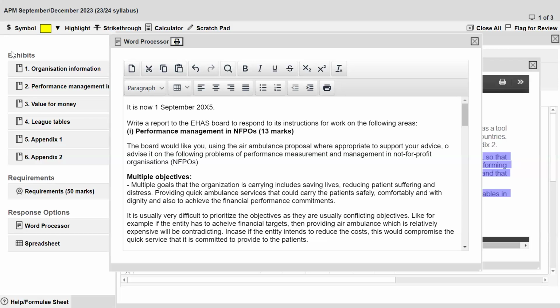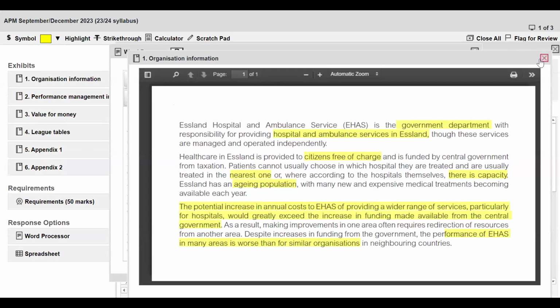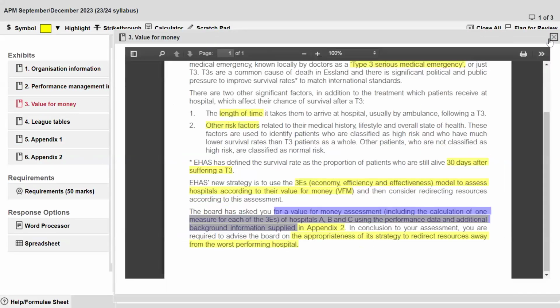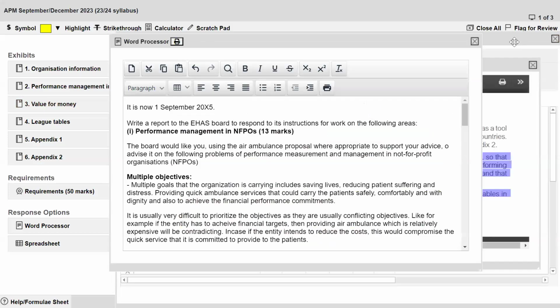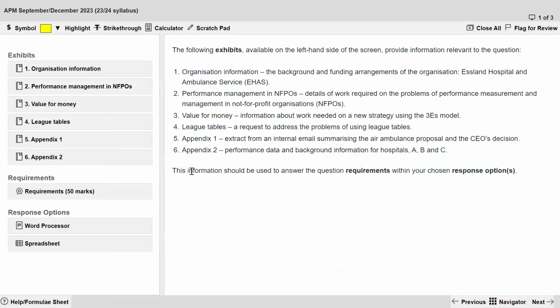Yes, Moses, but the problem is that for this scenario also, if you had skipped this organization information, you would have struggled in other areas. You could skip this to move on to value for money, but generally it's always good to read through it, especially for question number 2 or 3. In questions 2 and 3, if you skip the top part of the question, you might not understand the later part.